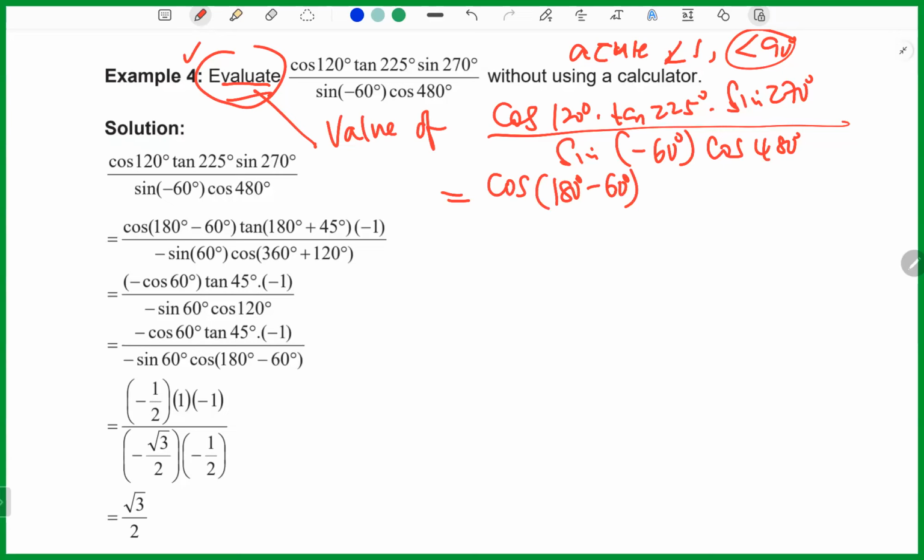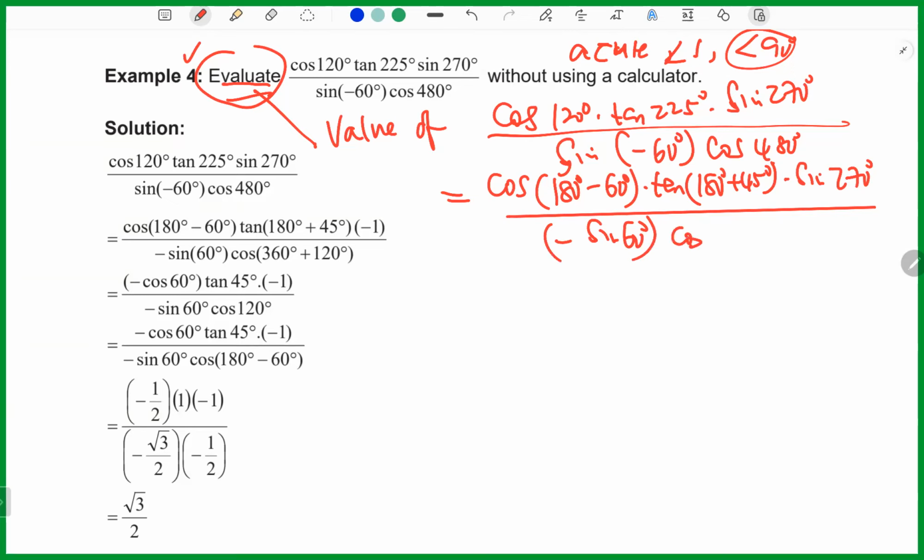And the tan of 225 is the tan of 180 degrees plus 45 degrees. Here you have the sine of 270 degrees. We said negative theta is in the fourth quadrant, so the sine is negative there.